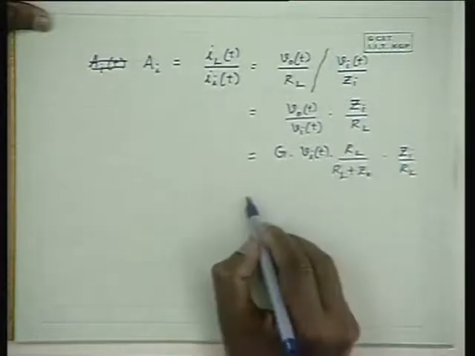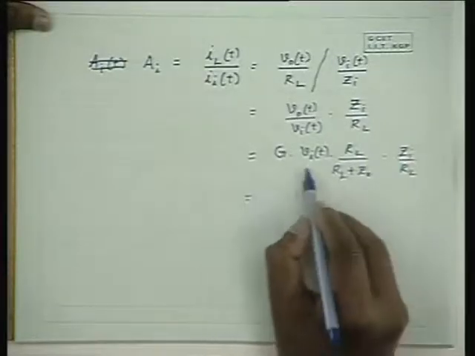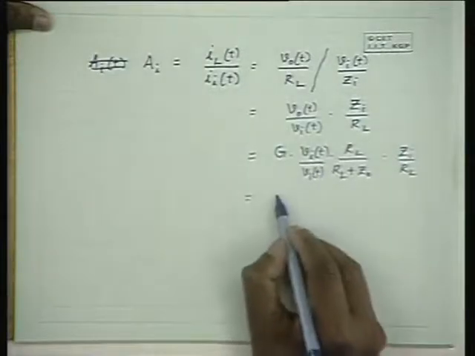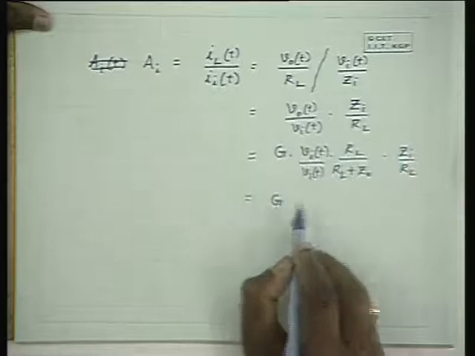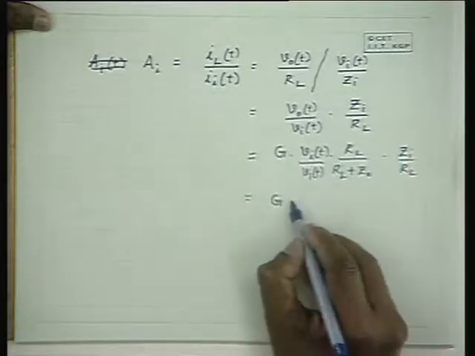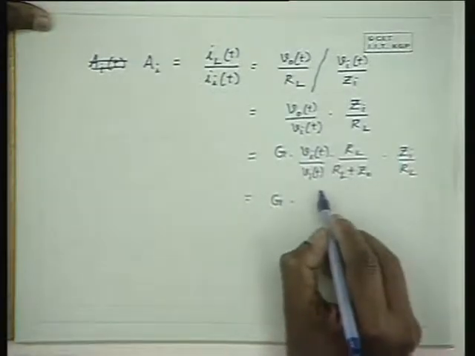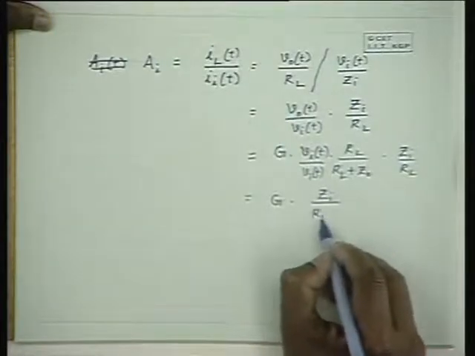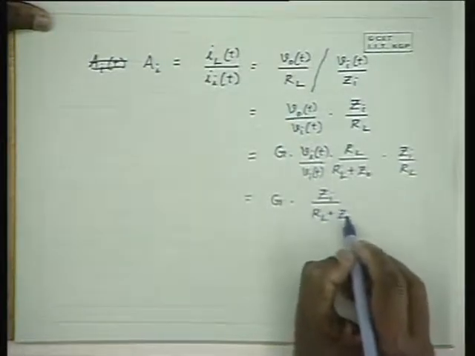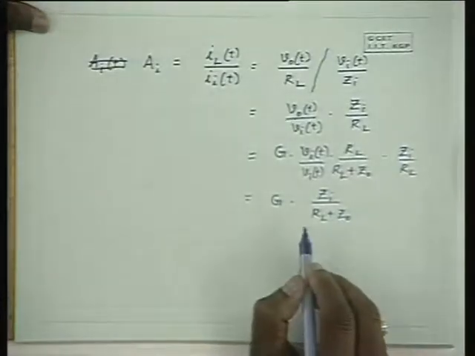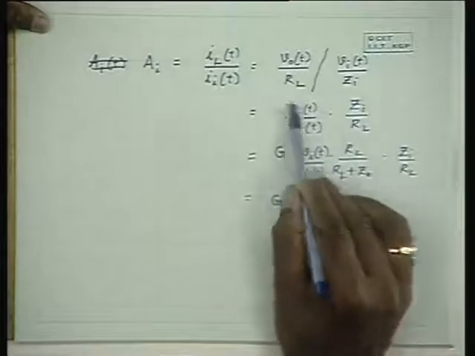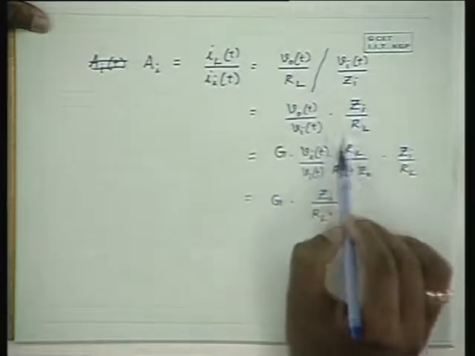So, this is the expression, and therefore divided by Vi/T, it is equal to the gain under no load multiplied by Zi by RL plus Zo, or it is the gain under loaded condition multiplied by Zi by RL.